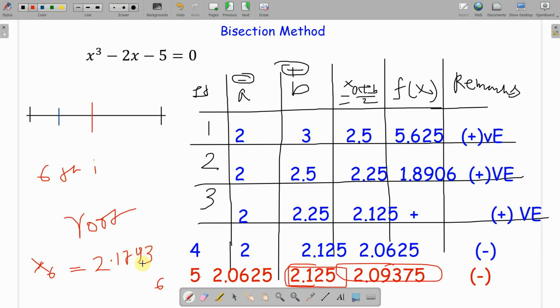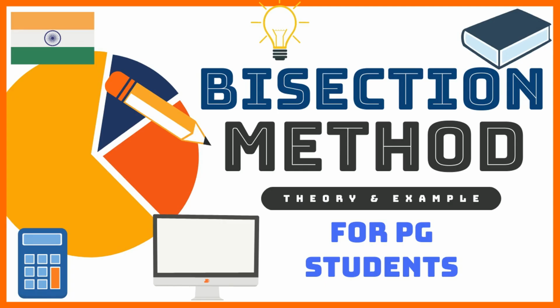So you'll be writing, the root of this equation is 2.1093. This is how you do the bisection method.